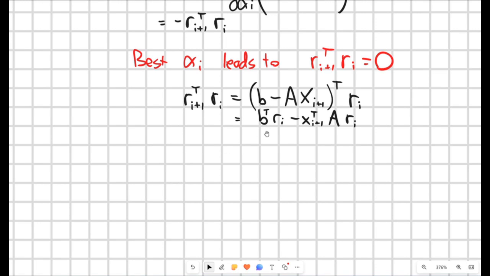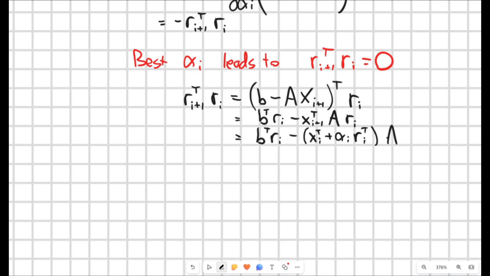And then again we're going to use our definition of x(i+1) from our steepest descent algorithm. So that allows us to write that this is equal to B transposed Ri minus, instead of x(i+1), we're going to have xi transposed plus alpha i residual i transposed.